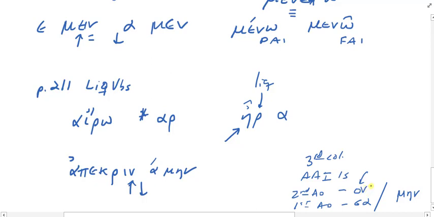How does it get to that form? Yeah. Well, it's from anabaino. So you see the epsilon before the bain is the tense formative. And in the aorist, what we're left with is the beta, eta, and then we're just adding the personal endings directly to that root. Okay.